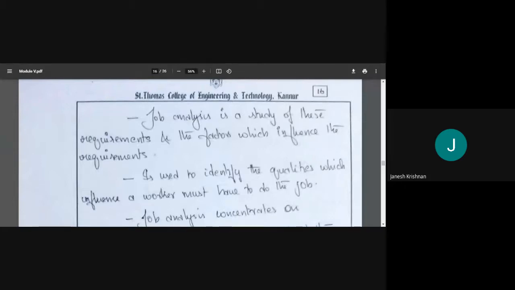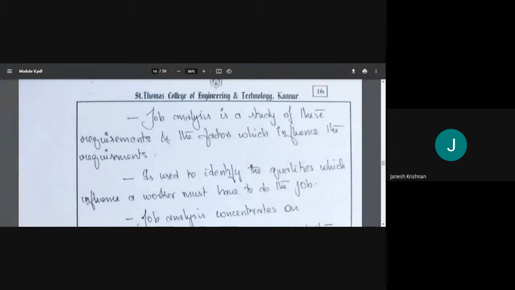That's your requirement. So job analysis is a study of these requirements and the factors which influence these requirements. We are finding out what the requirement is and also what the factors are which influence it.